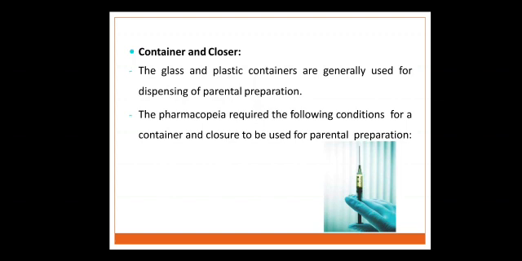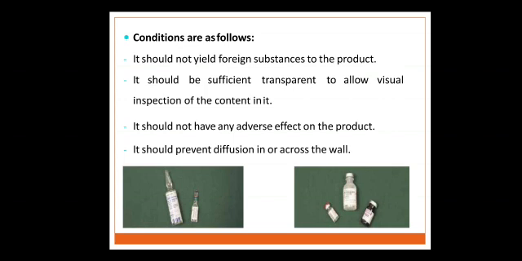Now, the containers and closures which are used for parenteral preparations. The containers used for parenteral preparations or products are made of either glass or plastic. The pharmacopoeia requires various conditions for a container and closure to be used for parenteral preparations. These conditions are as follows.